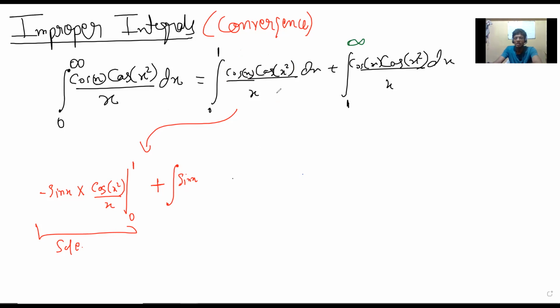So just tell me what's the derivative of this. So this will be x square, and for cos x square, we have to take the derivative, right? Sin x square. I forgot, I don't know how to do this.